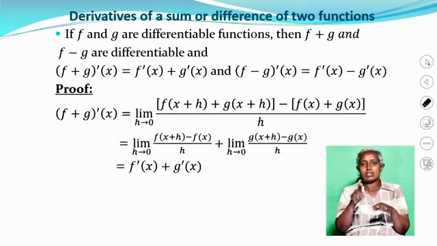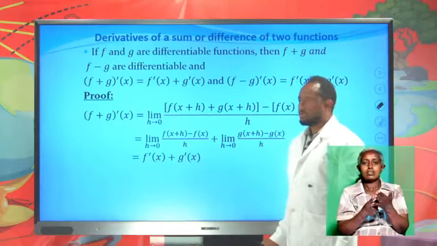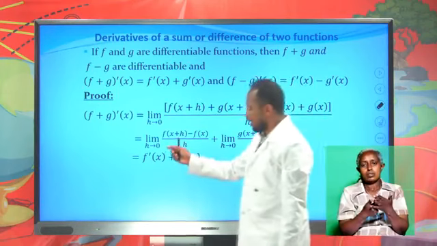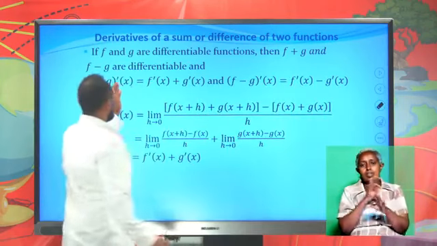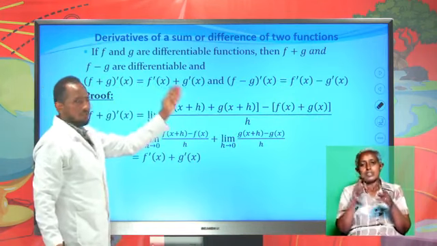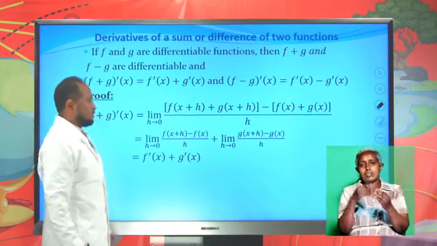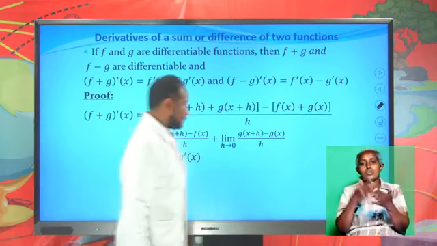So f derivative of x plus this one, which is also g derivative of x. This completes the proof. Therefore, if we have a function f plus g, to find its derivative, simply differentiate each function and add. Now let's continue to the next part.